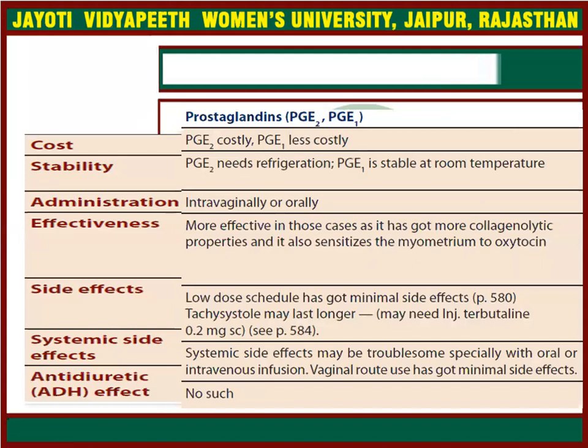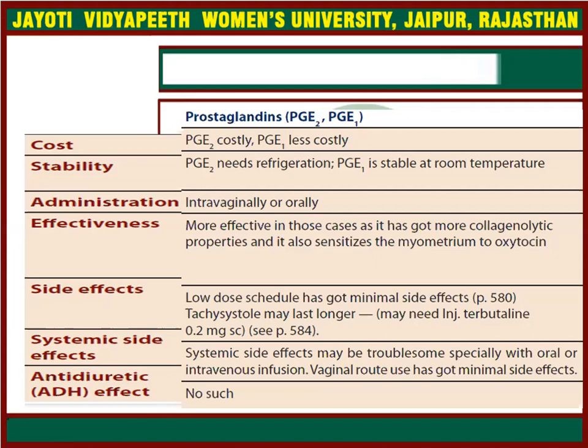Now, prostaglandins are comparatively also less costly. Stability wise, they are stable generally at room temperature. Administration is vaginal and oral both. They are more effective in those cases, and they have a collagenolytic activity. They will sensitize the myometrium also, and cervical ripening is comparatively more common than with oxytocin.